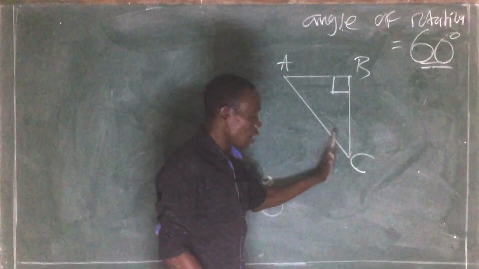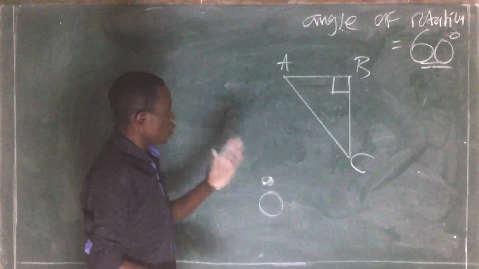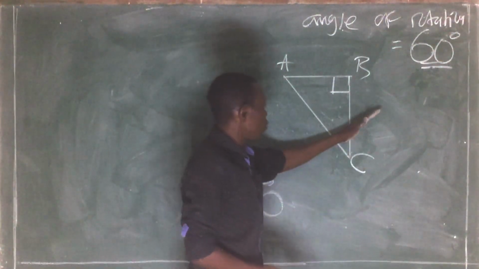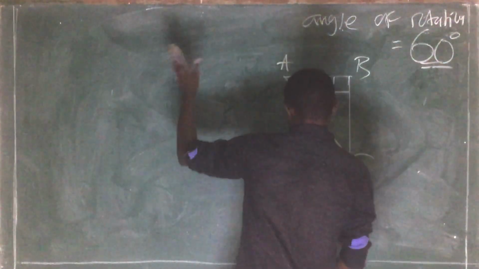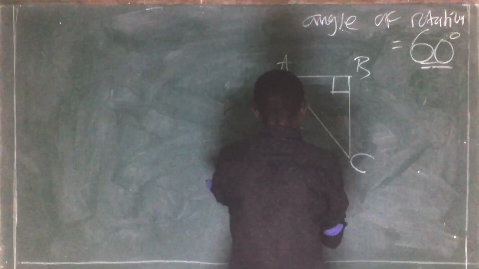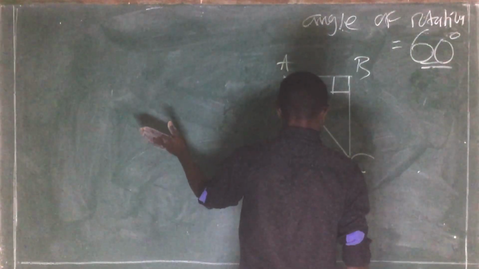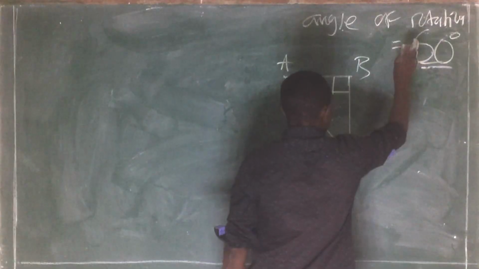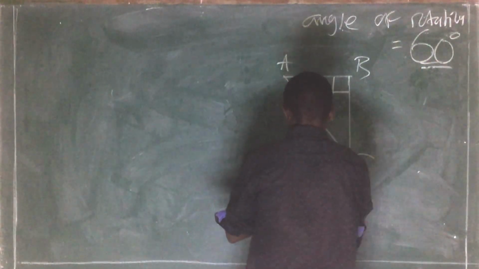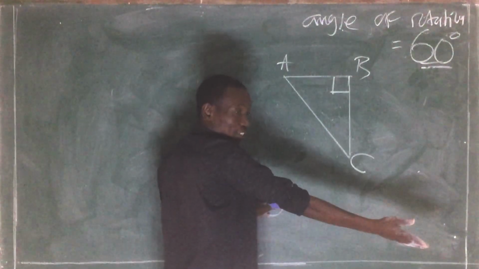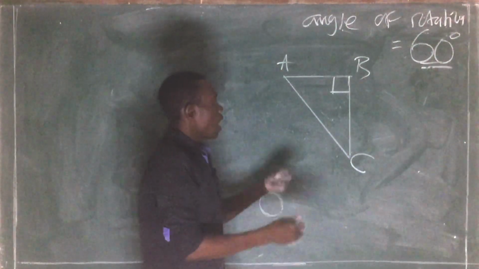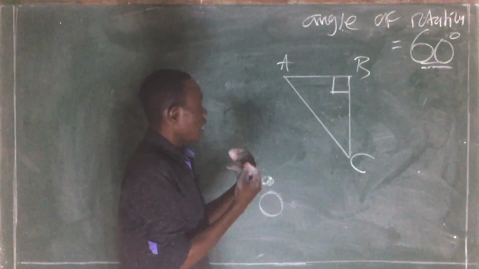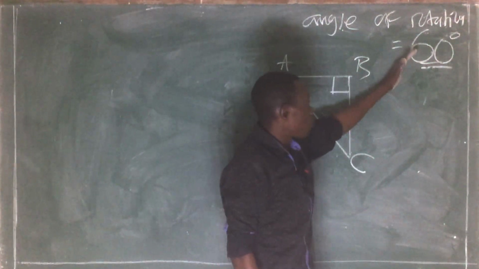So this object is rotating towards the left side, and this is the way the image has to be created. Here this is my center, and the image must be towards this side. Had it been negative, our image would have been found towards that side. So this is going to be rotated anti-clockwise because the angle is positive.